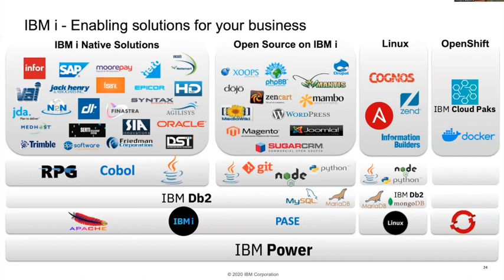Or perhaps I'm going to run something in an OpenShift kind of environment. OpenShift allows me to run some of those containers. We like to think of them perhaps like a Docker application, some of the IBM Cloud Paks. These are all solutions that run inside OpenShift and, again, on the same physical hardware.